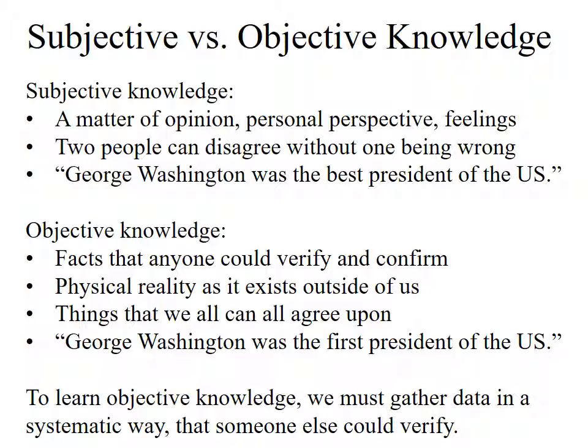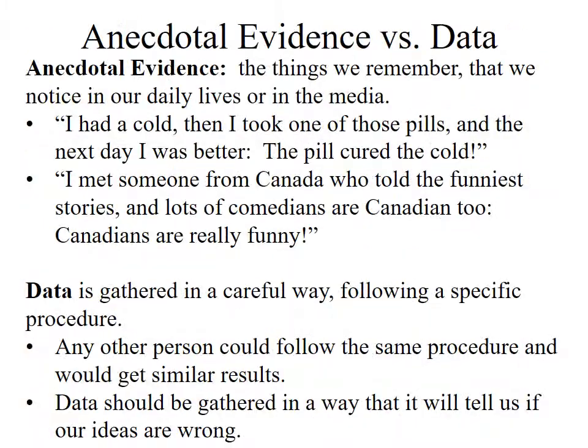But objective things are the things that ultimately we all must agree upon. So, how do we get this objective knowledge, this true knowledge that reflects the real world as it actually exists? We must gather data. The data must be gathered in a regular, systematic way that any other person could go out, double check, cross check, verify, make sure it's true.